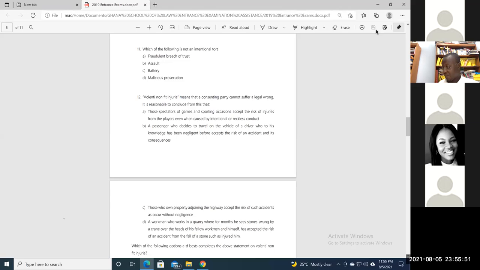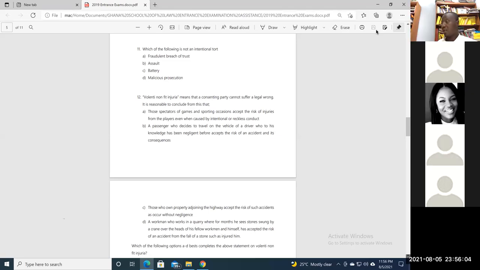But apart from that, I have some clarification I want to make around the tort of malicious prosecution. When I did my reading around, some of the principles I was getting were the initiation of the action by the defendant, and then the termination in favor of the plaintiff.